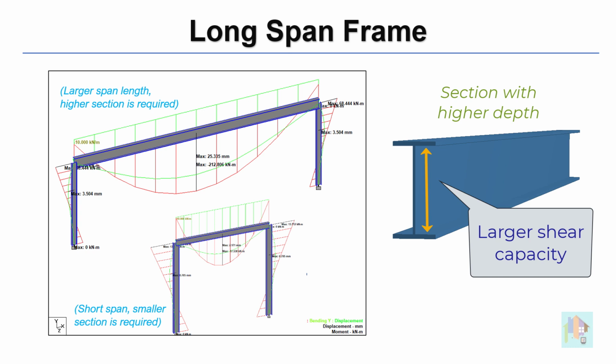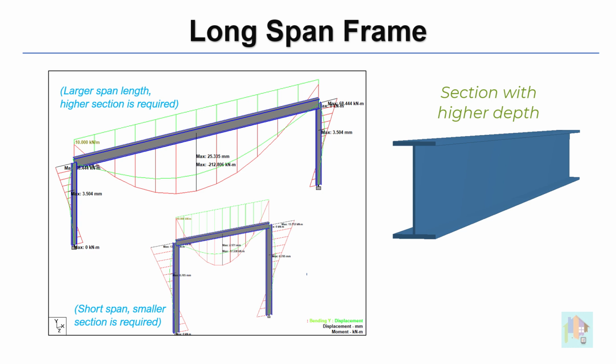But if the section is not subjected to high shear, this extra web depth or higher shear capacity is of no use. Now the question is how we can optimize this section so that this unutilized web portion is reduced without affecting the bending capacity.